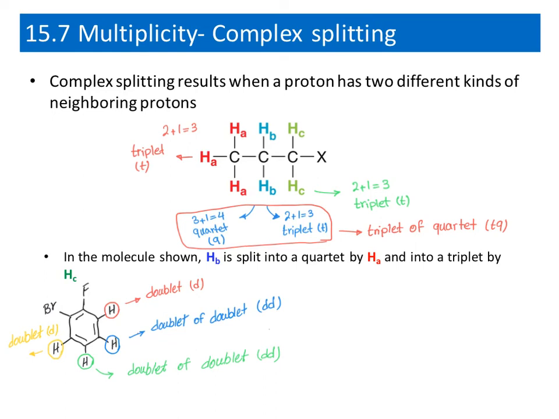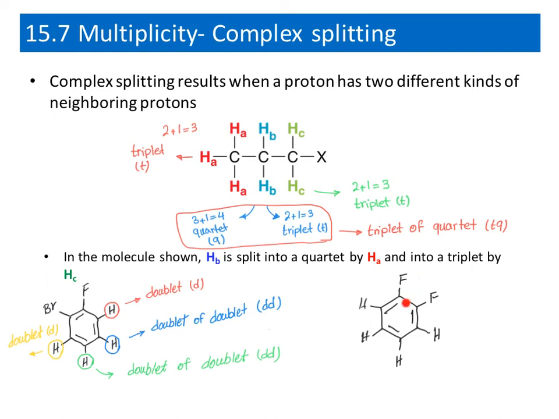Now let's look at another example. First of all, how many signals can you have for this compound in hydrogen NMR?